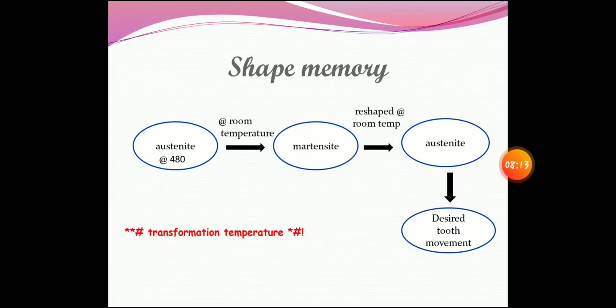So we already know that there is phase transformation. Usually austenite is present at 480 degrees centigrade when it is manufactured, but on converting to room temperature it gets converted to martensite by twinning.